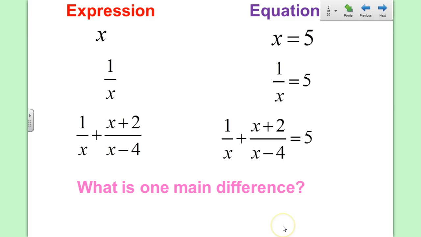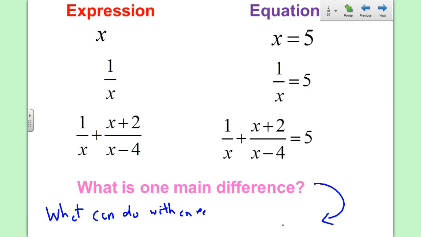I want you to ponder that, and we're going to discuss that in class tomorrow because that's a key thing. The other question here is, what do you do with it? What can I do with an equation versus an expression? Those are my two questions to you as you complete this, and that's understanding versus just knowing stuff.